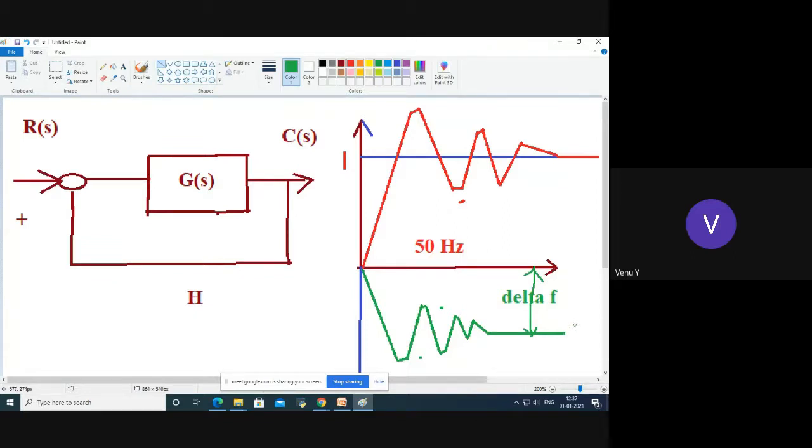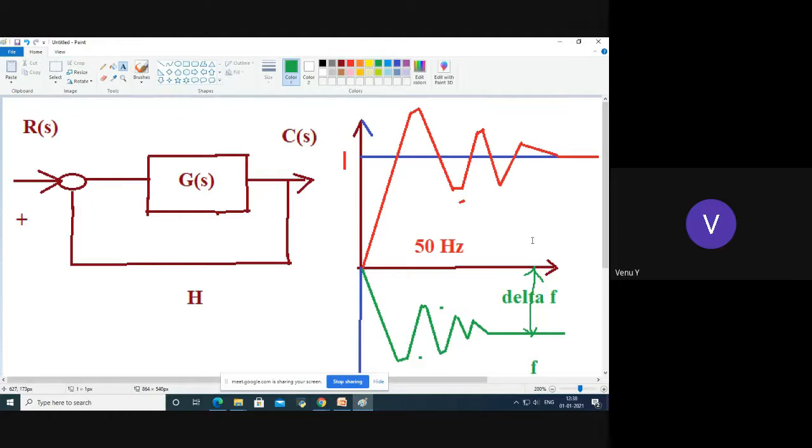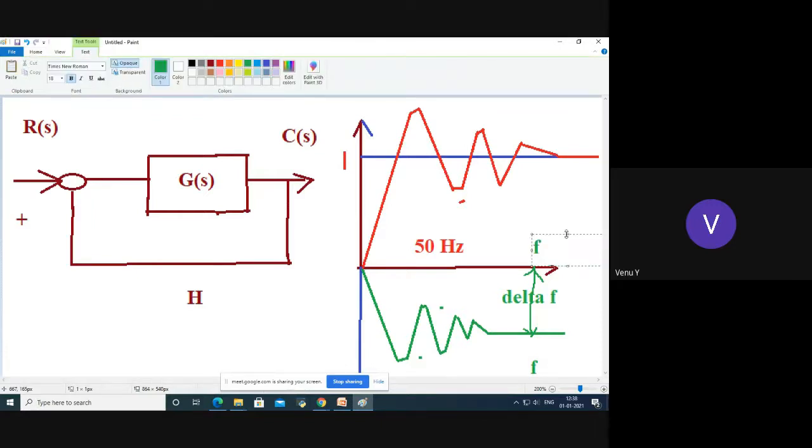That is, say, F, the actual frequency. This is F. Here this is F naught, initially F naught, the nominal frequency. This is the frequency at a particular load.